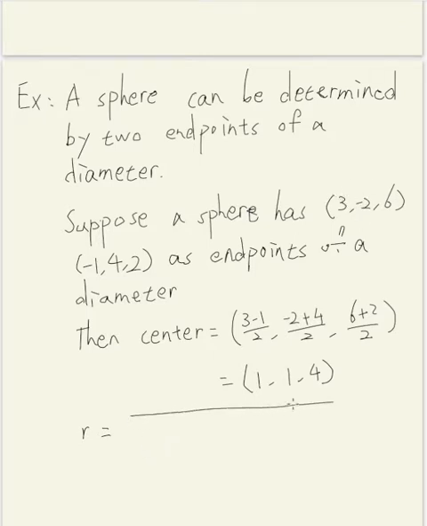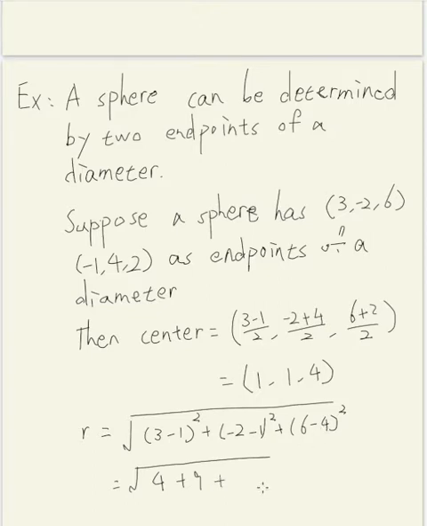And the formula for that is the square root of (3 minus 1) squared plus (-2 minus 1) squared plus (6 minus 4) squared. Okay, and 2 squared, that's 4, minus 3 squared, that's 9, and then another 2 squared, that's 4. So you get square root of 17.